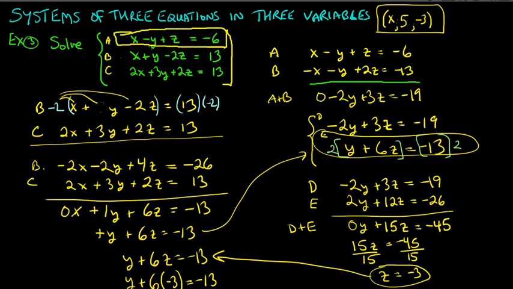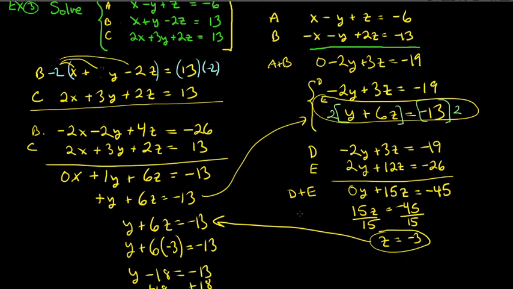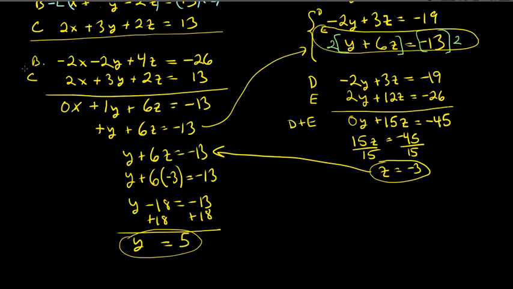x minus y plus z equals negative 6. So I'll do that down here. So it was x minus y plus z equals negative 6. But now we don't know what x is. We know that y is 5, and we know that z is negative 3.